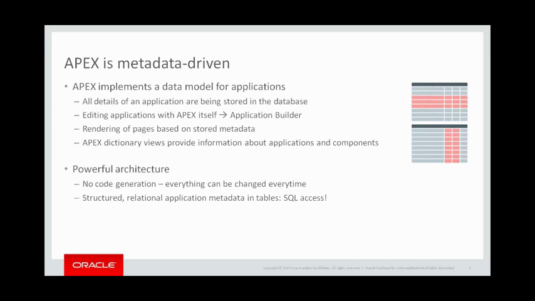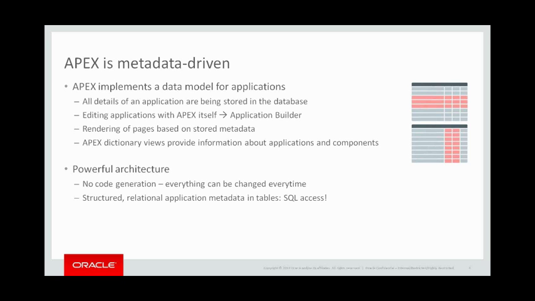So when you execute your application, and the browser is about to render the home page, Apex collects the metadata for that page, executes SQL queries and PL/SQL blocks, and generates the HTML and passes it back to the browser. And as we will see, this is performant, this does work, and this scales.